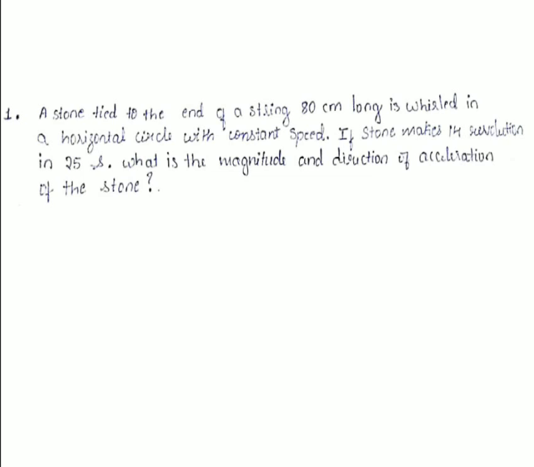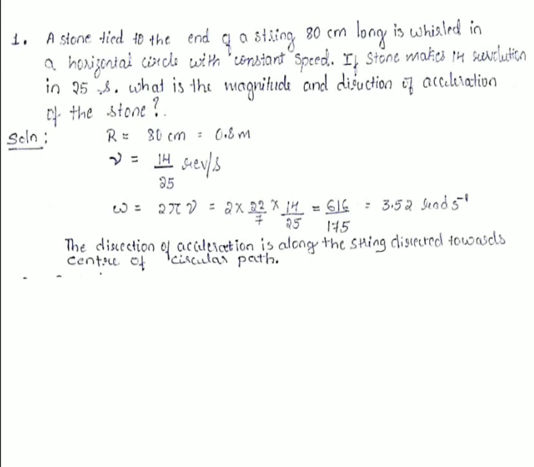Next, what is the question here? What you have to find out? We have to find out the magnitude of acceleration. Magnitude of acceleration is nothing but the centripetal acceleration. The given things, as I already said: r is equal to 80 centimeter, in terms of meter that is 0.8 meter.